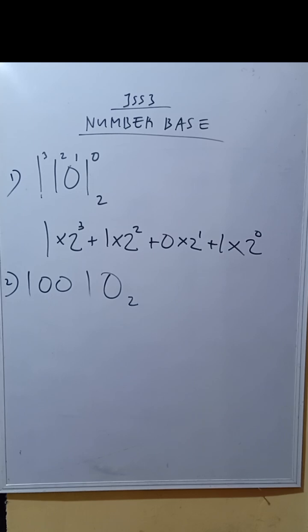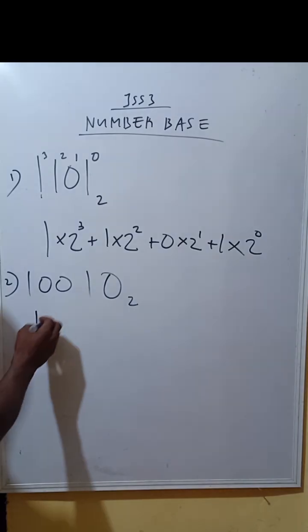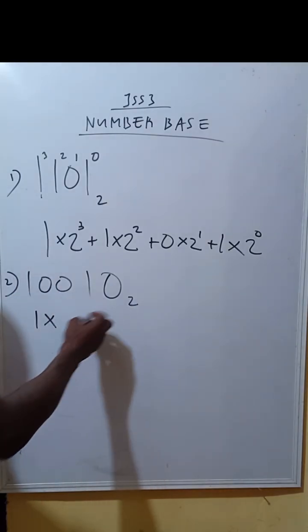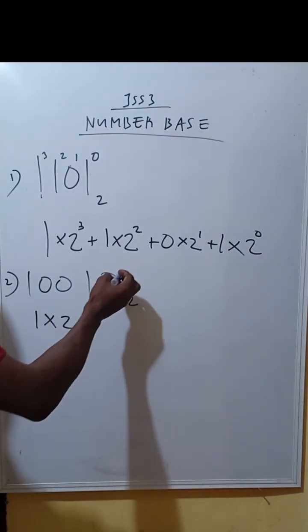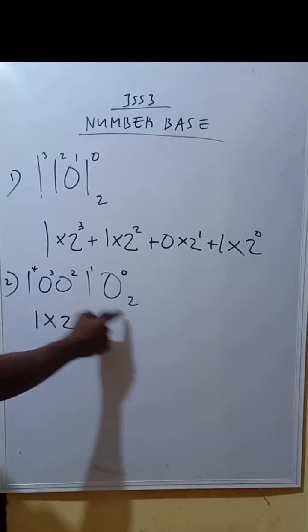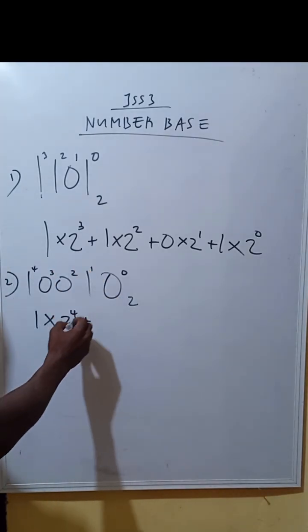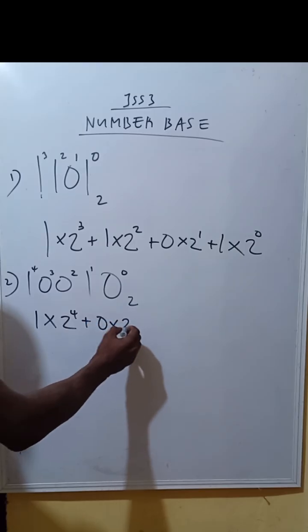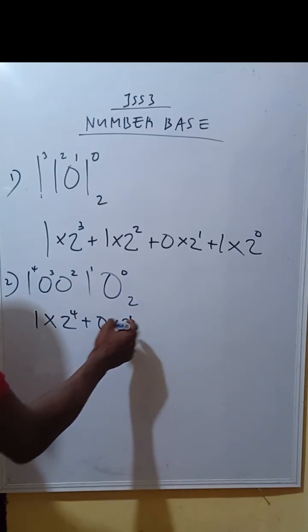Before that, let's number the digits 0, 1, 2, 3, 4. You will have 1 times 2 raised to power 4 plus 0 times 2 raised to power 3. Where did I get that 0? Here.